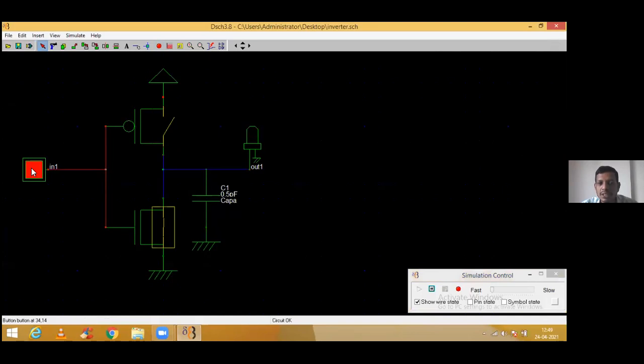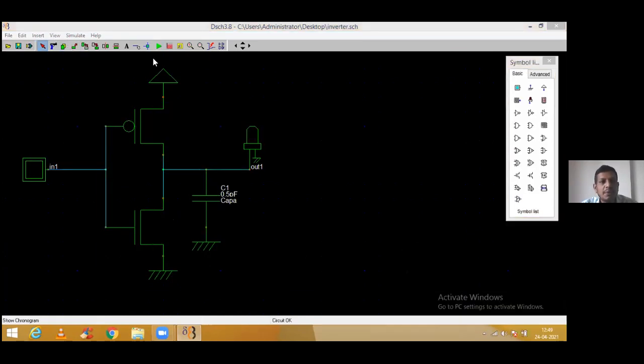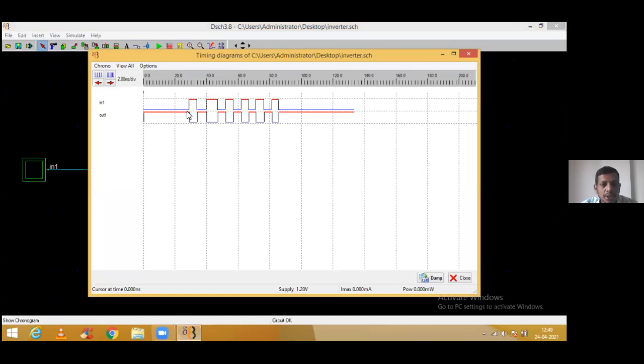Whatever changes I make here, if I check the associated timing waveforms, there is no exact effect, because there are certain limitations of a digital simulator in understanding the active and passive components. Is it fine?